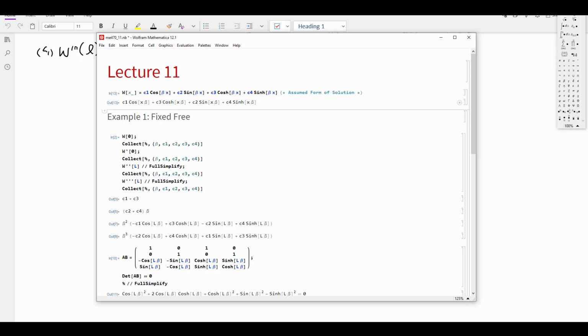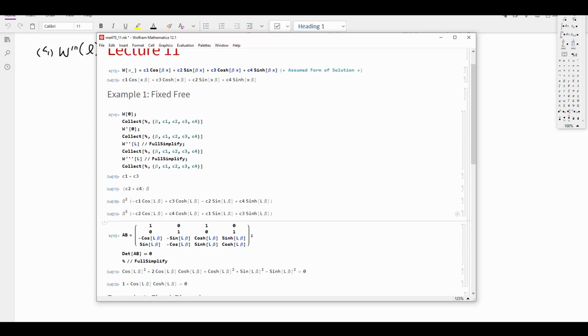So I can define this w of x term, again cosine, sine, cosh, and sinh, and I can apply those boundary conditions the same way I was doing it by hand, where that beta is always going to cancel out when I have these homogeneous boundary conditions. More importantly, this matrix, I'm calling it AB here, because sometimes Mathematica doesn't like single capital letters because they're reserved.